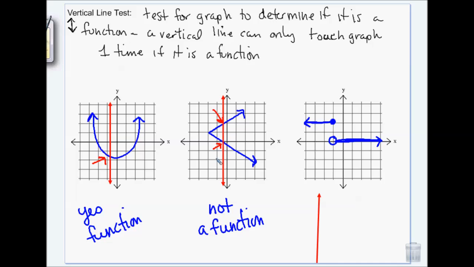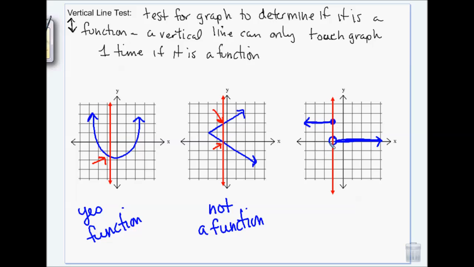Because it's touching twice. Now, this next one is a little bit tricky, because as you come across, you're doing okay, but then as soon as you hit right here, it looks like you have an issue. But you don't really have an issue, because you see how this is closed and this is open?